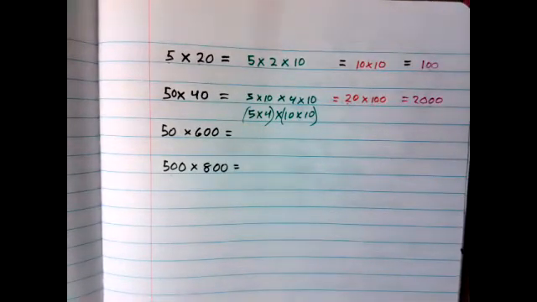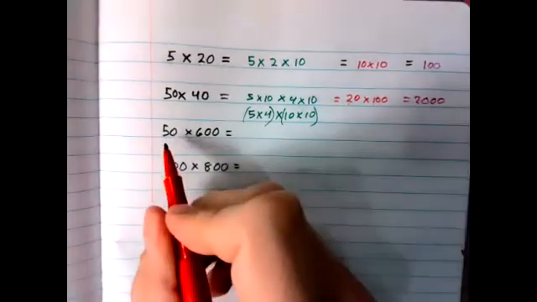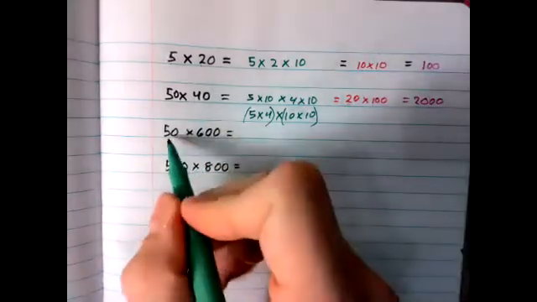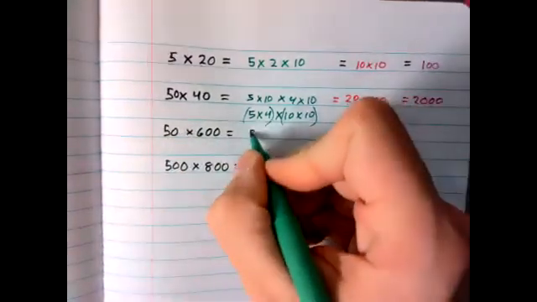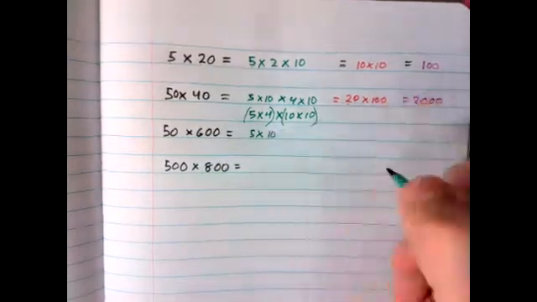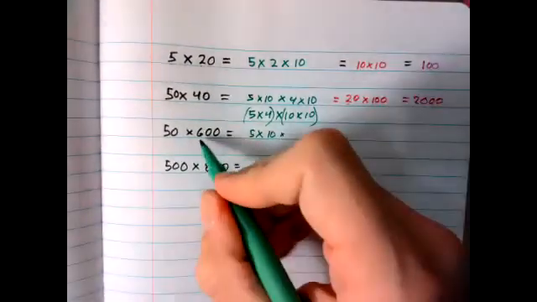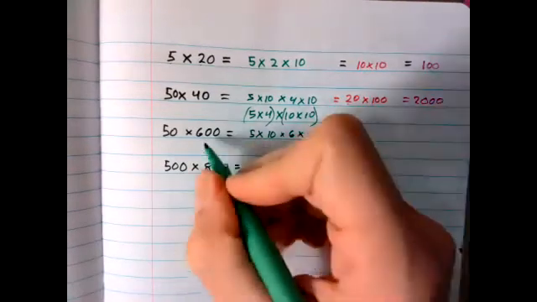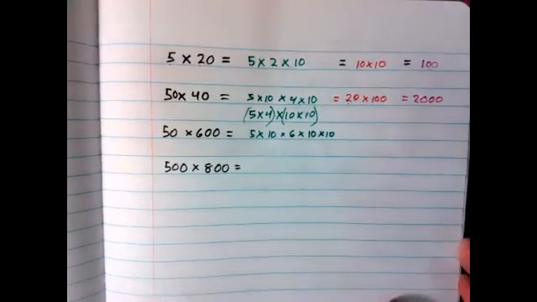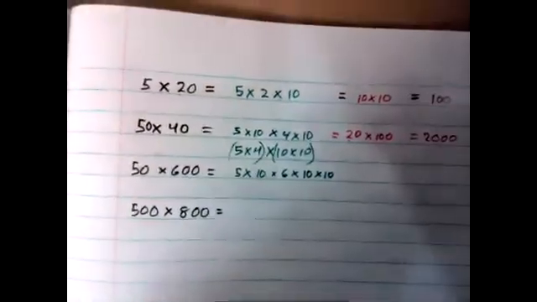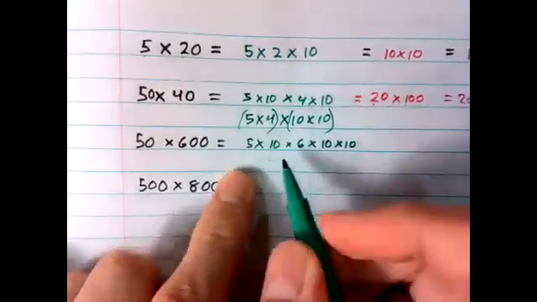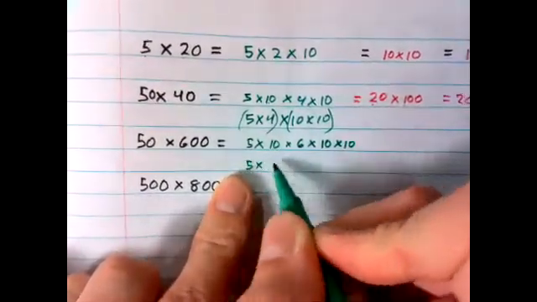We can move them around, we can commute them, we can group them and associate them together. Next up, let's see, 50 times 600. All right, let's break it into pieces. So I've got 5 times 10 times 6 times 2 zeros. That means I have 2 10s. All right. Well, let me zoom in. I think it's pretty tiny. So let's reorganize them. 5 times 6.